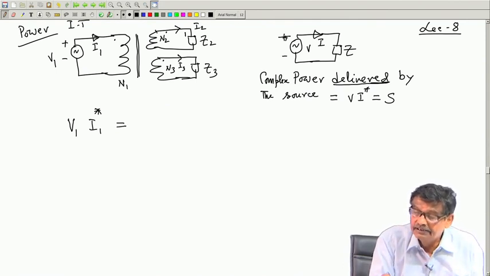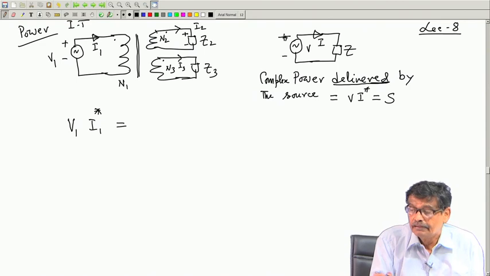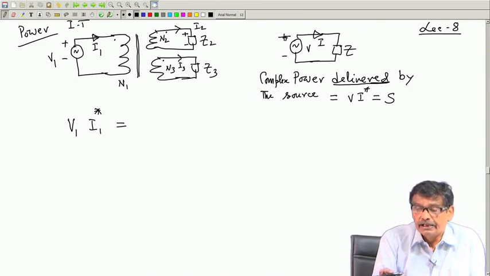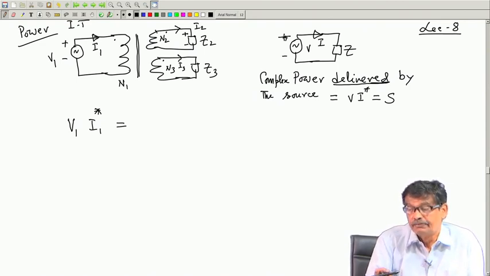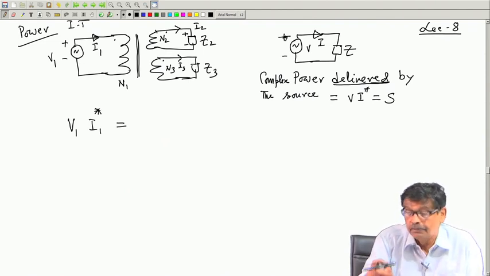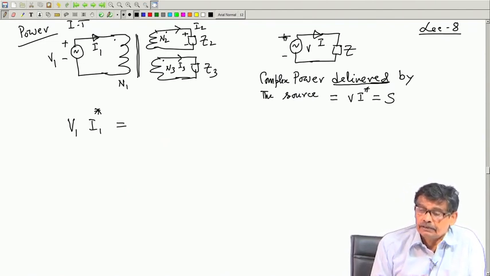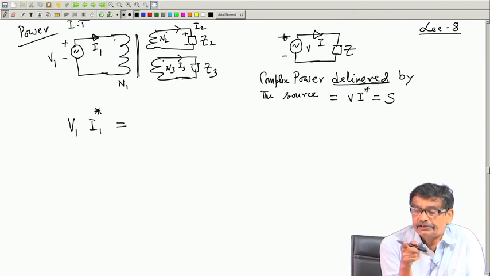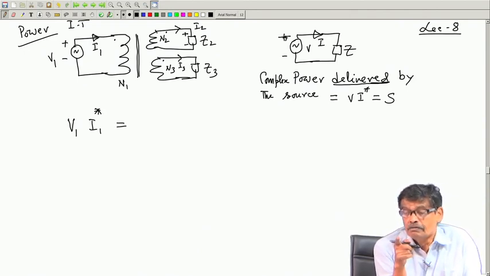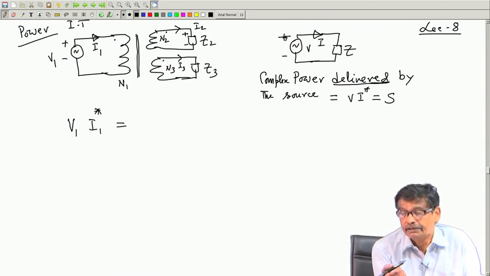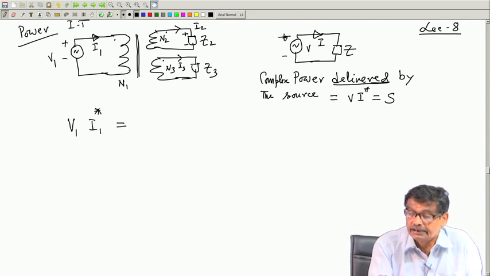If you see, this is the voltage drop, because I have assumed the I 2 direction, the voltage drop has to be upper one plus, lower one minus. You can select the direction of I 2 in whichever way you like, but once you select that direction of I 2, remember the voltage drop polarity across that element is decided, then plus minus I can do.